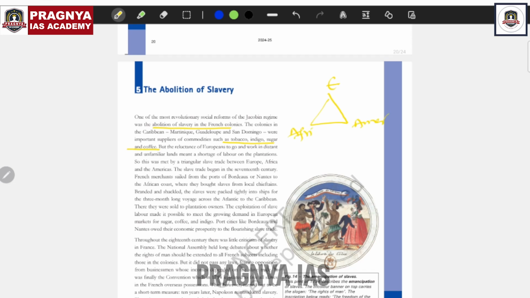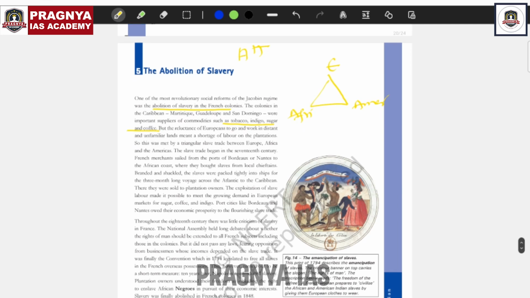The slave trade began in the 17th century, and French merchants sailed from the ports of Bordeaux to the African coast, where they bought slaves from local chieftains. The exploitation of slave labor made it possible to meet the growing demand in the European market for sugar, coffee, and indigo.